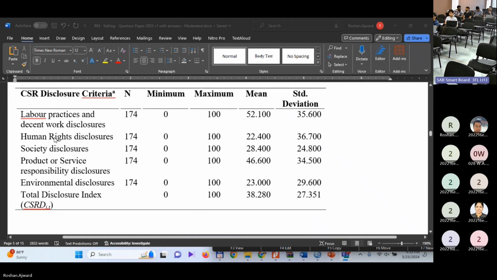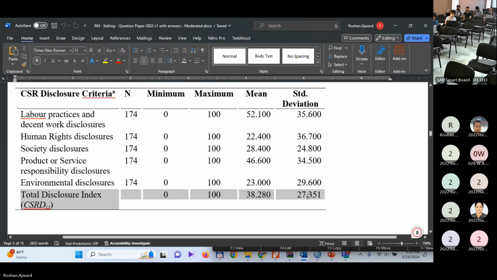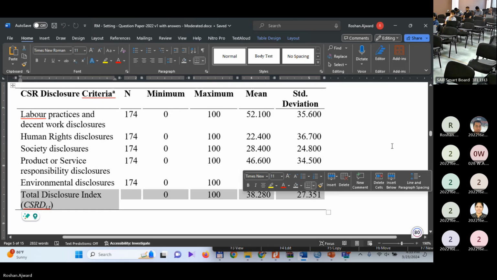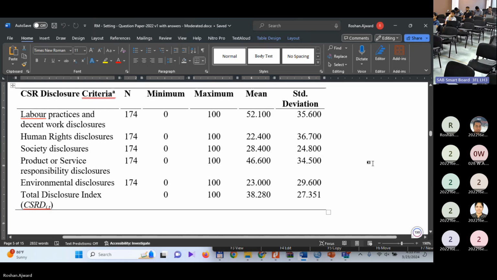Now, of course, these are sub indices and these are the total index. Are you happy about the total index? The sub indices are given above. So overall, the total index indicates what? The companies' overall average disclosed only 38%.